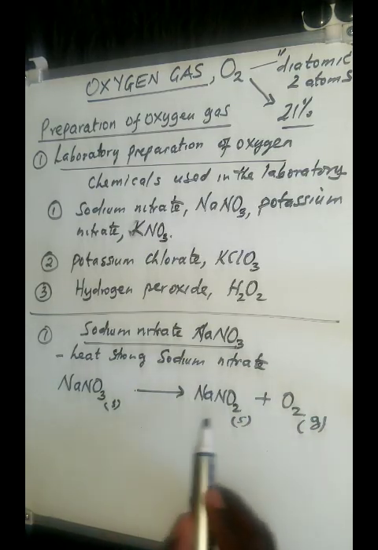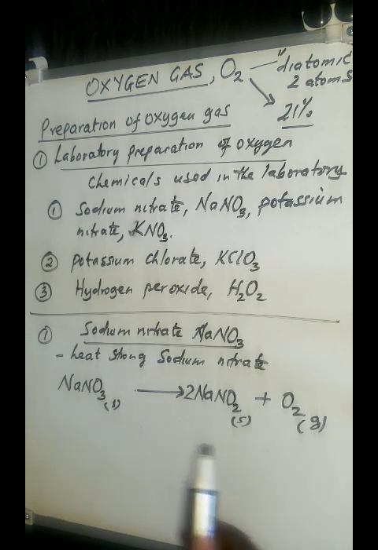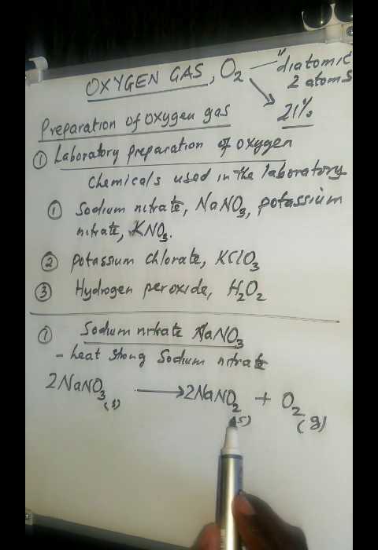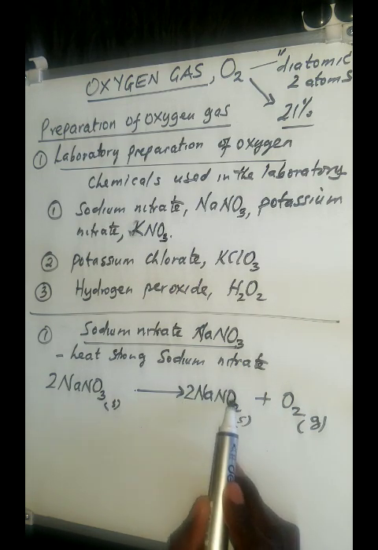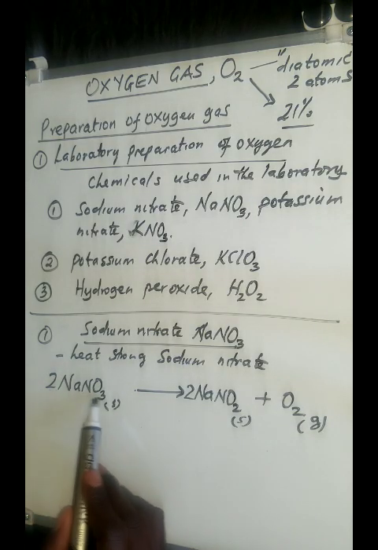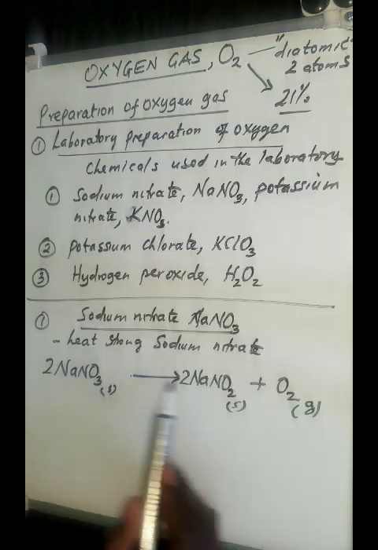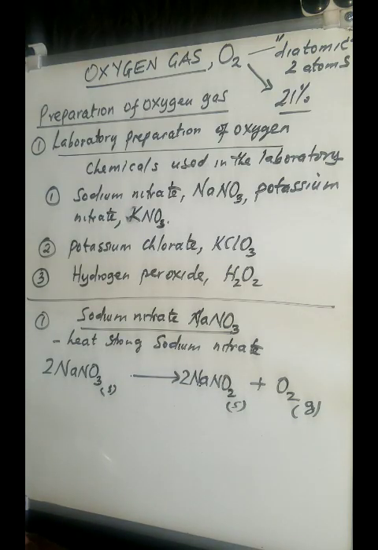But you can balance that by putting a 2 there. You can also put a 2 there. So when you put a 2, there are 2 times 2, that's 4, plus this 2, that gives you 6 oxygen. So 2 times 3, that gives you again 6 oxygen. There are 2 sodium, the equation is balanced.